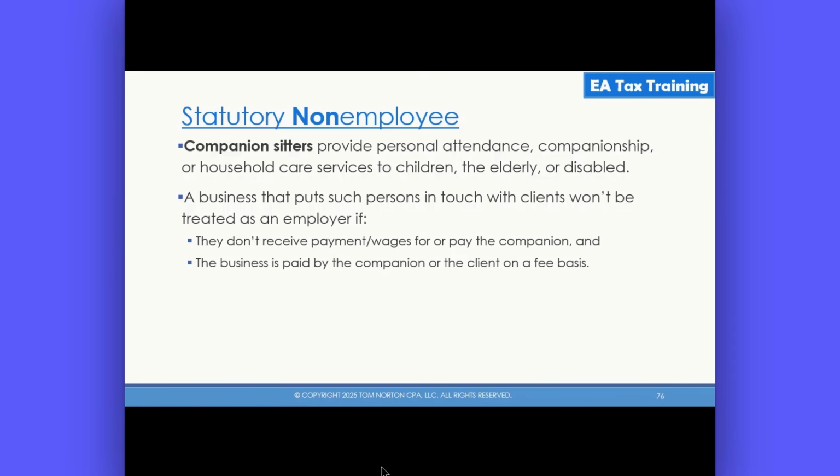So the agency is just making money by being a matchmaker, and then they're not involved anymore. So they match the two together, they get a fee, and then that's it. From then on, the client is simply paying the companion sitter, and the agency is no longer involved. If you have that case, then those companion sitters are going to be considered statutory non-employees.